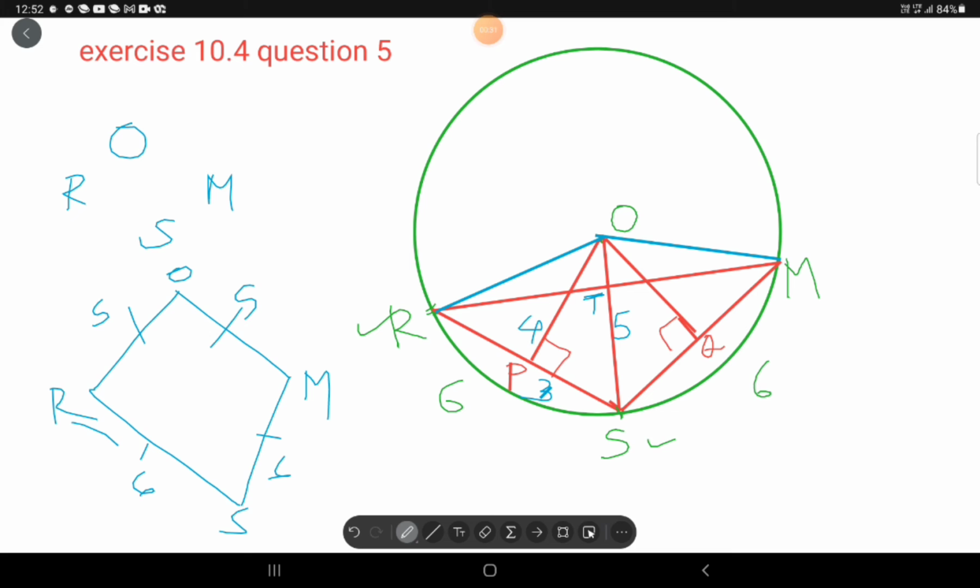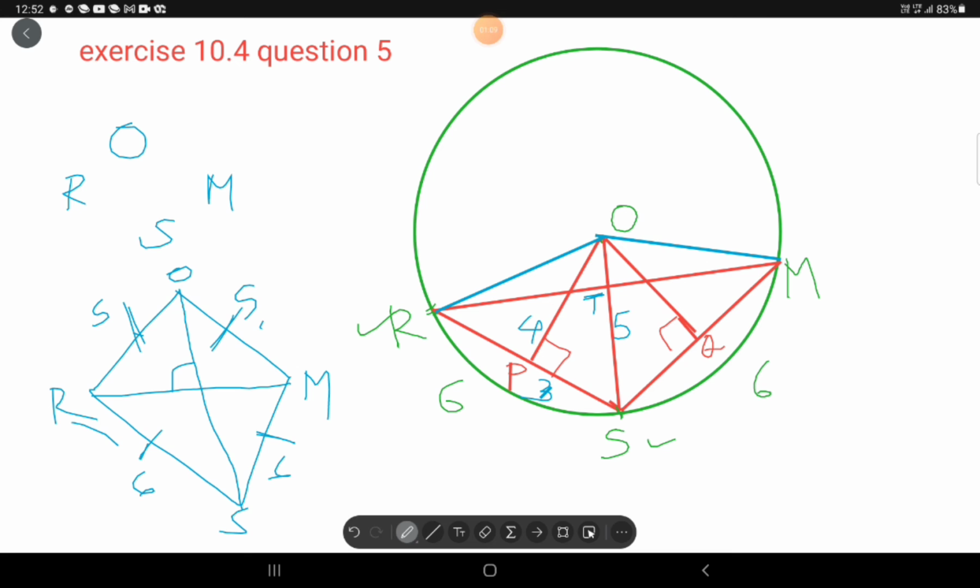It is a kite. Kite means a quadrilateral in which adjacent pairs of sides are equal. Here OR and OM are equal, RS and MS are also equal. So adjacent pairs are equal, hence it is a kite.